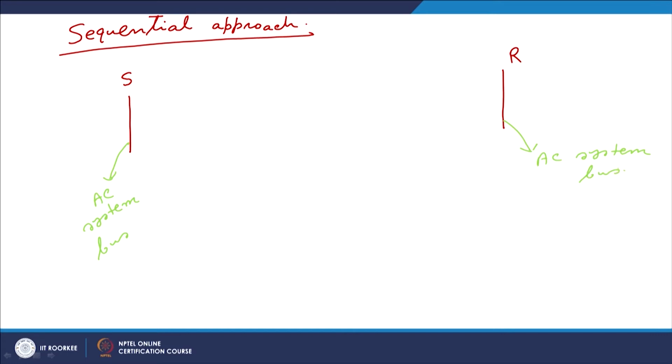Because this is an AC system bus, there can be some PQ load at this bus, and at this bus also there can be some PQ load. There can also be connections from this bus to some other buses, and from this bus to some other buses, etc. Anything and everything can happen. For example, there can be other lines from this bus to some other bus, and from here also other lines going to some other bus. Everything is possible.